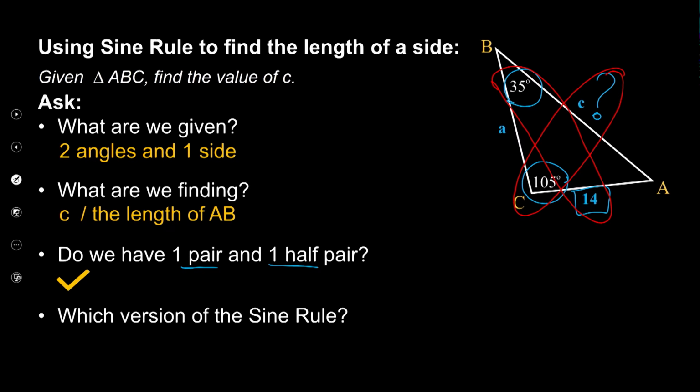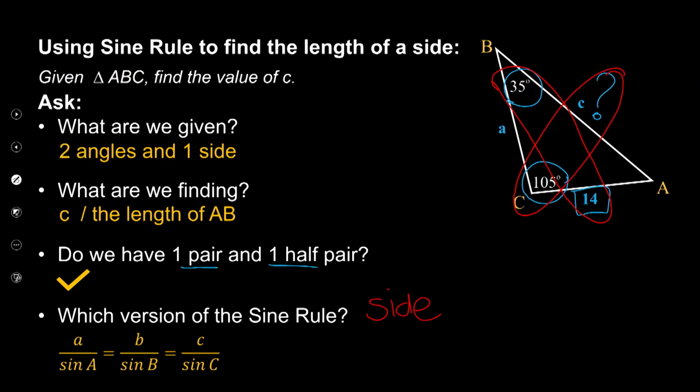Which version of the sine rule are we going to use? Remember, there were two versions of the sine rule. Because we're looking for a side, we've got to use the version of the sine rule that has the sides on top, meaning that version, which is A over sine A, B over sine B, C over sine C. And specifically, which part of it are we going to use?